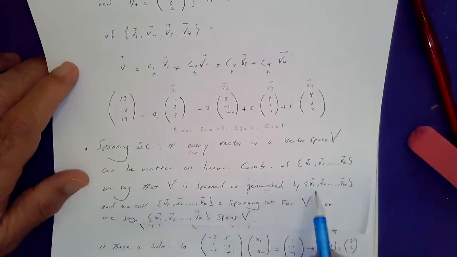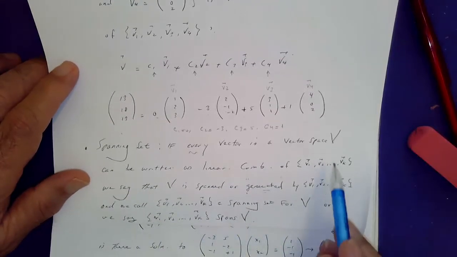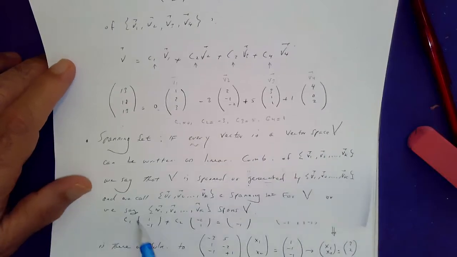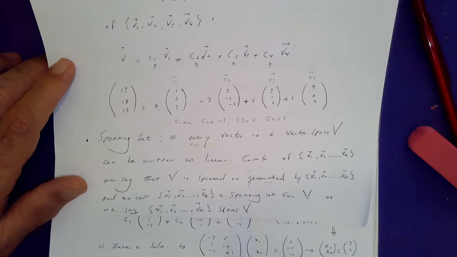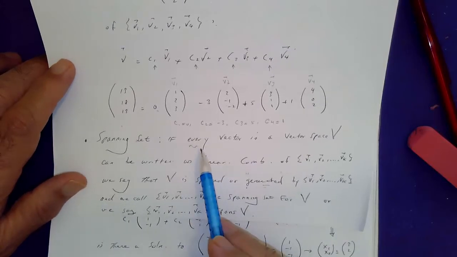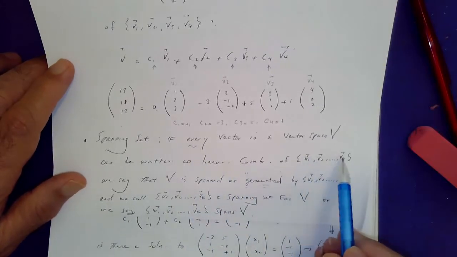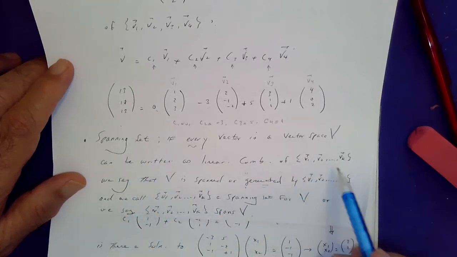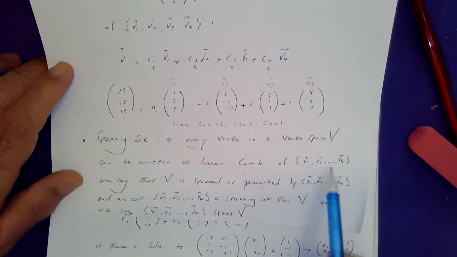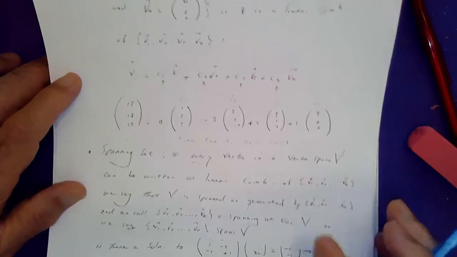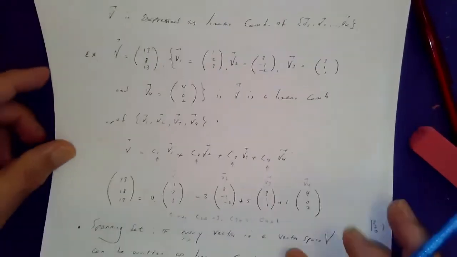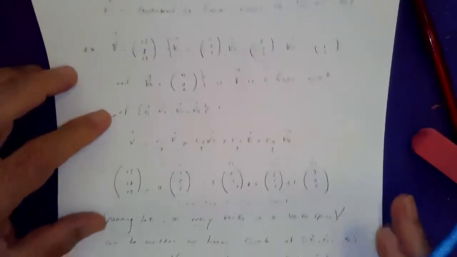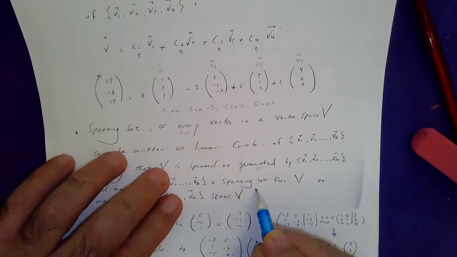We call this set of vectors a spanning set for the given vector space, or we say these vectors span the vector space.